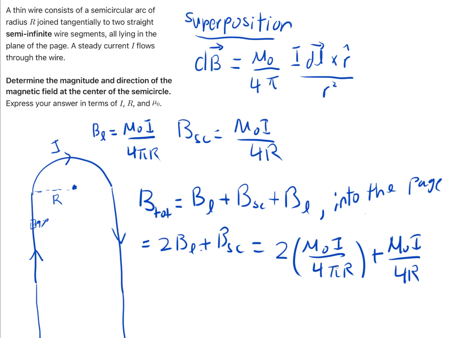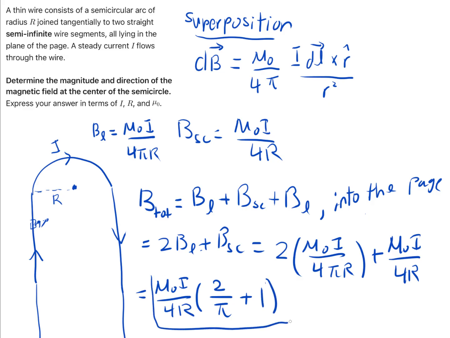And we can pull out mu naught I over 4r from each. So this becomes, we still have a 2 here, 2 over pi plus 1. And so that is the magnitude of the total magnetic field, and its direction we established earlier is going to be pointing into the page. And that is how you would solve this problem here.